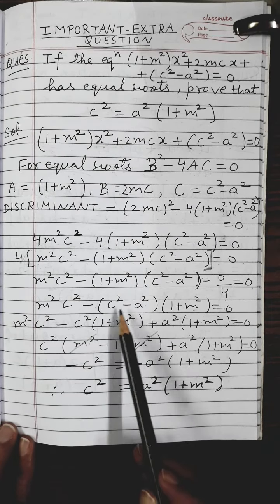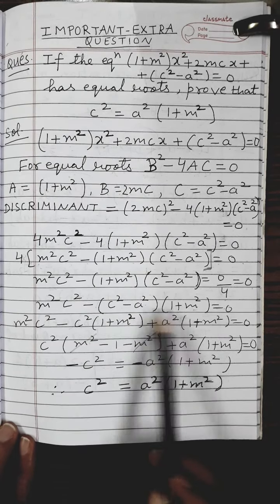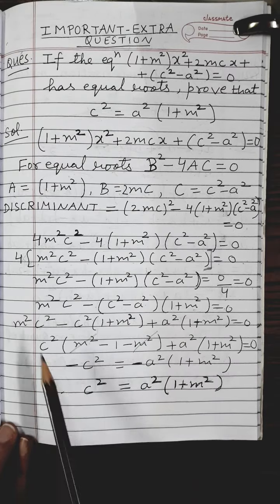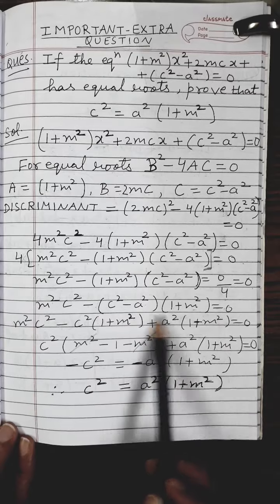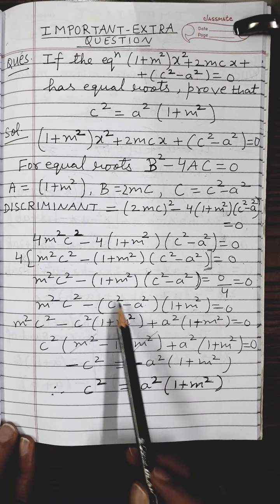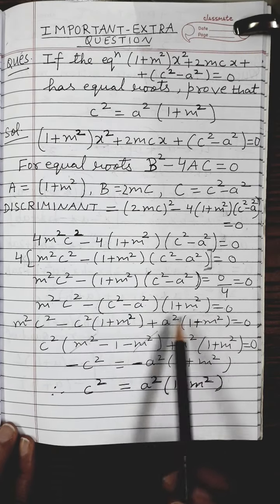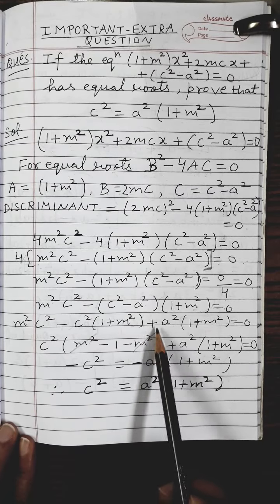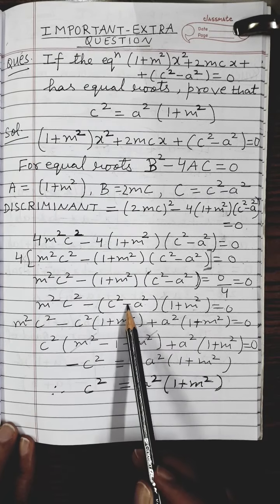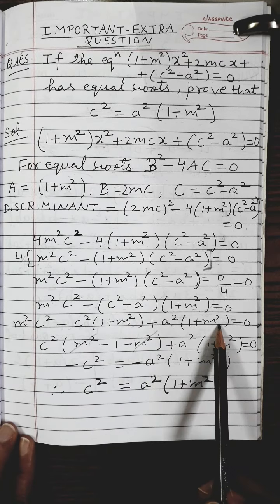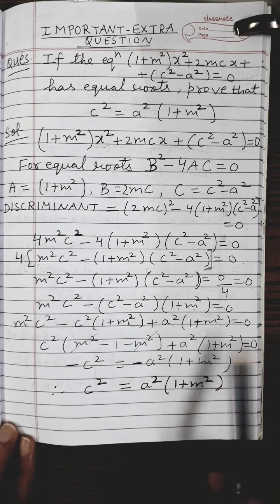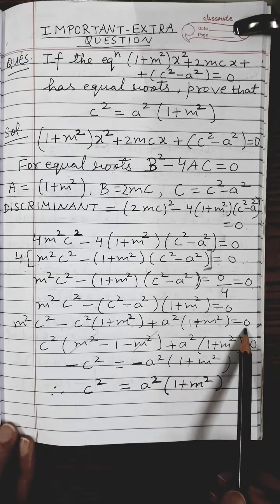For that I will have to multiply term by term these two brackets. So the next step: m²c² minus, now multiplying these two brackets, c² from the first bracket times the second bracket as it is, plus, this minus minus gives you plus, a² times the second bracket as it is, equals 0. This is simply the distributive law.